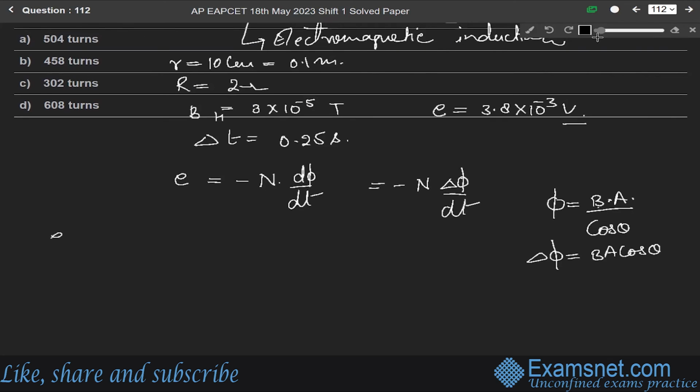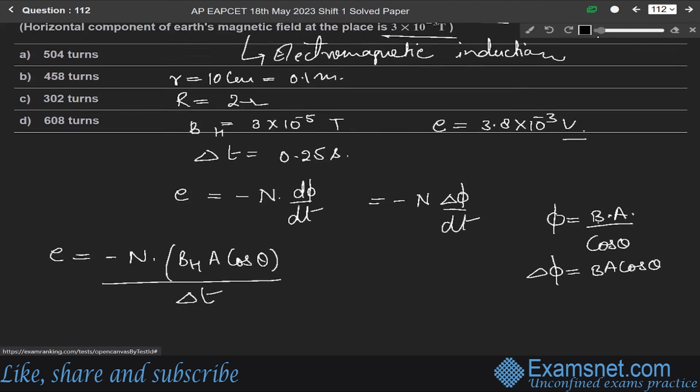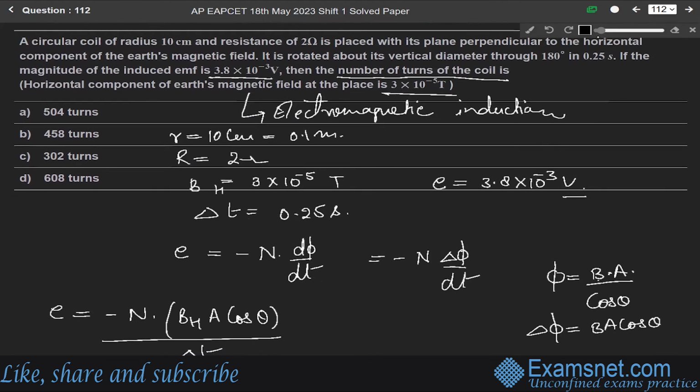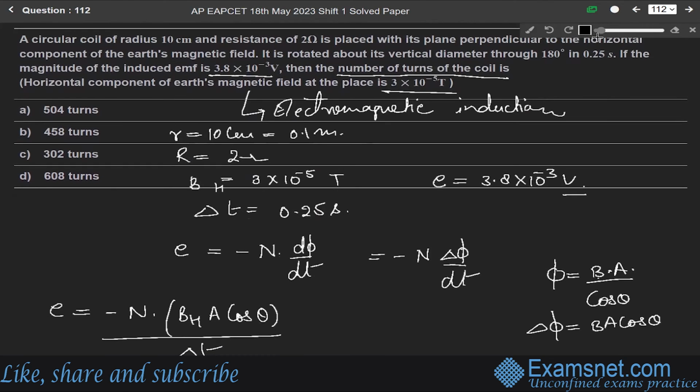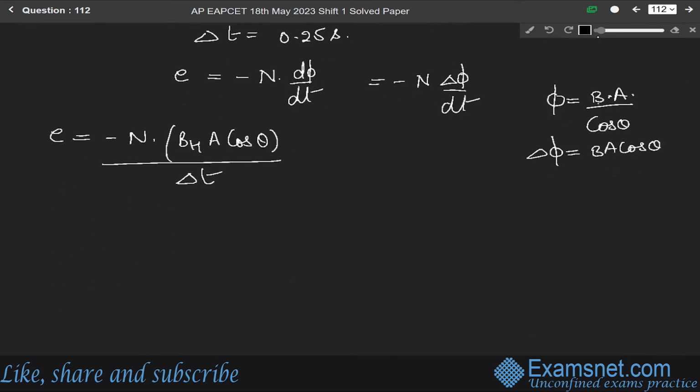So this EMF now becomes minus N times BA cos theta over delta t. Now we know that we are given two angles, theta 1 and theta 2, since it is rotating through an angle of 180 degrees.